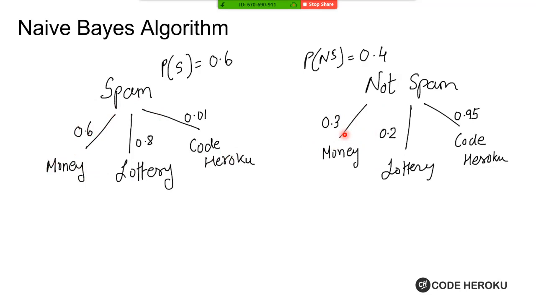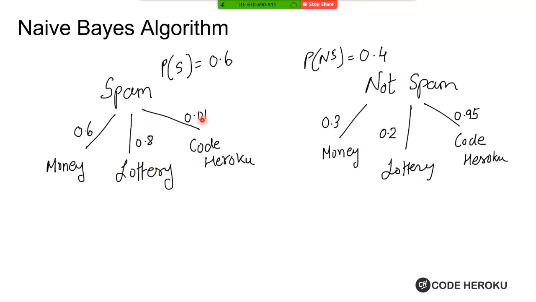Don't focus on that. I just want you to compare the probabilities right now. For lottery, it seems like 0.8 chance of it being a spam, because it is highly likely that if the word lottery is in an email, it is a spam. And if the word Code Heroku is in your email, there is very little chance that it's a spam, right?